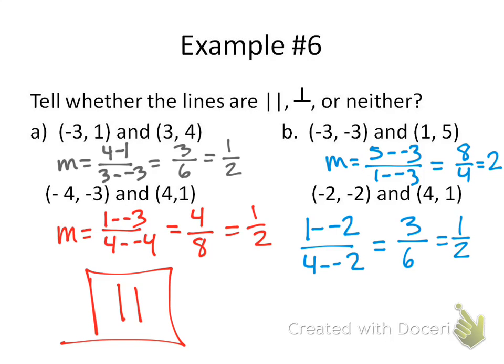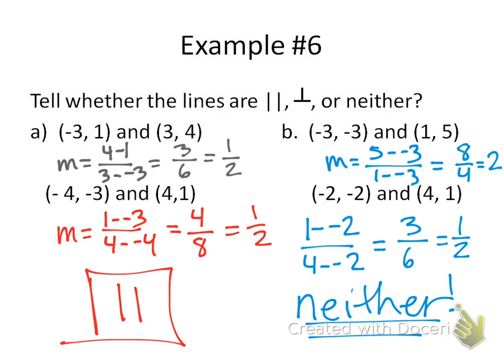I'm getting a half. The first one was 2. The second one was a half. I heard 2 answers. Perpendicular and neither. To be perpendicular, what do they have to be? Opposite reciprocals. They're reciprocals. Are they opposite? No, they're both positive. So this is neither. What are your questions?